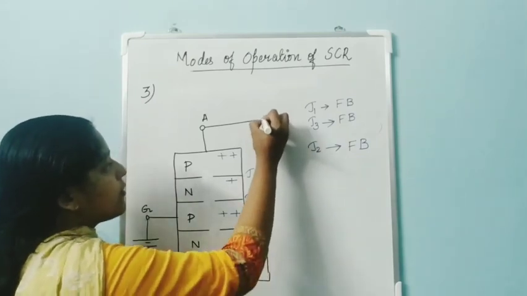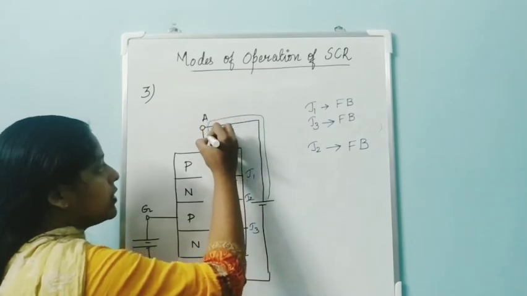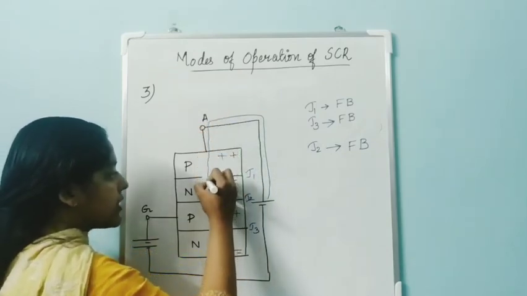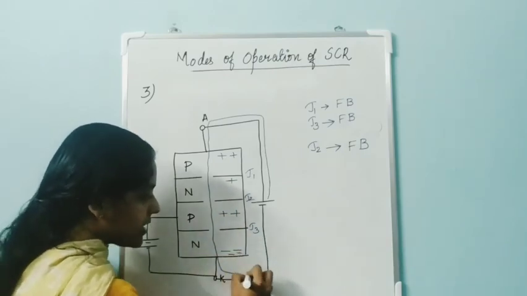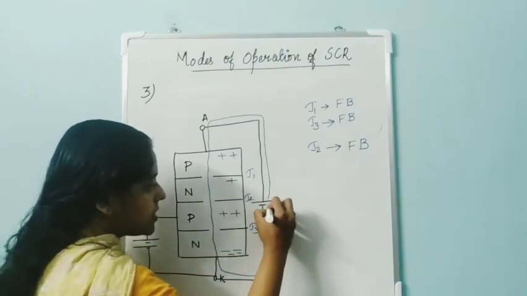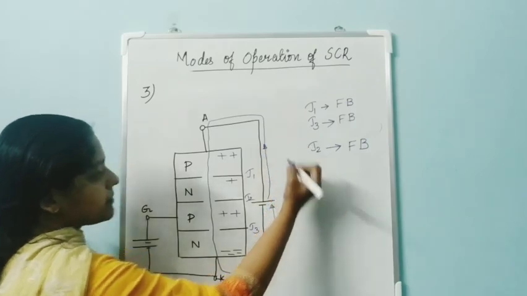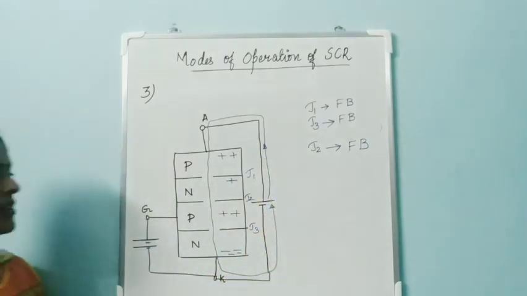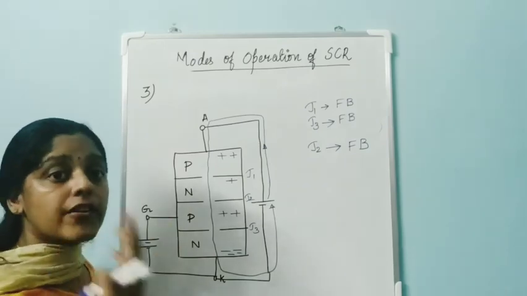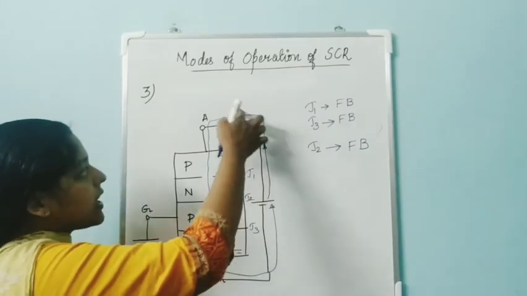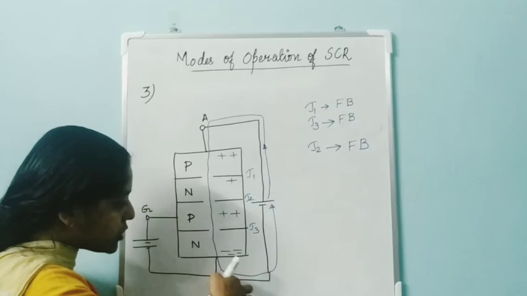The current can flow from here through the anode, through junction 1, through junction 2, through junction 3 and can move back to this negative terminal. Because your junction 1, junction 2 and junction 3 are now forward biased, they are ready to conduct. That means a current can flow from anode to cathode.